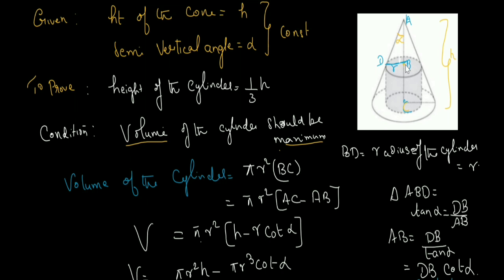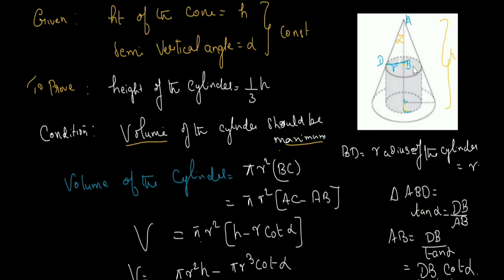So BC will be the height of the cylinder. From B, you draw a perpendicular line. So this BD will be the radius of the cylinder. If you take it as R, from the center to this circumference, this will be the radius. So BD is also equal to R.